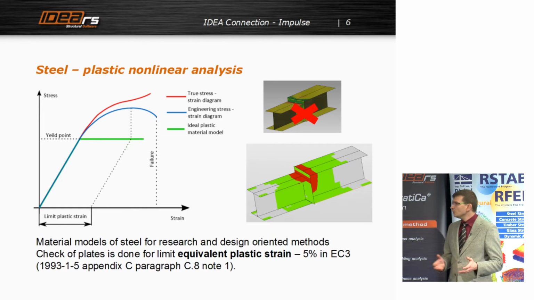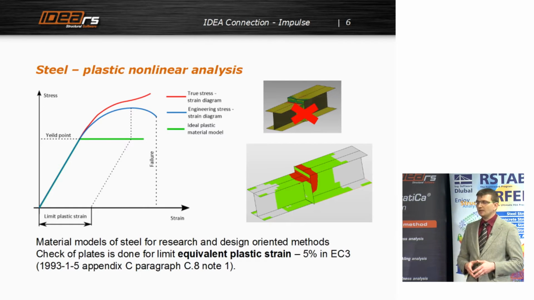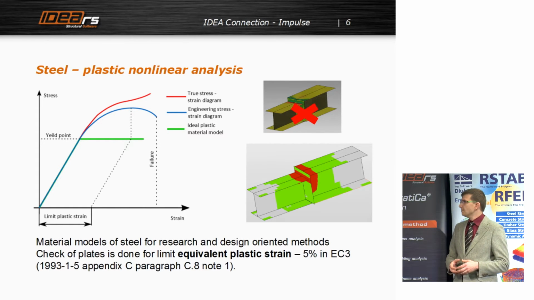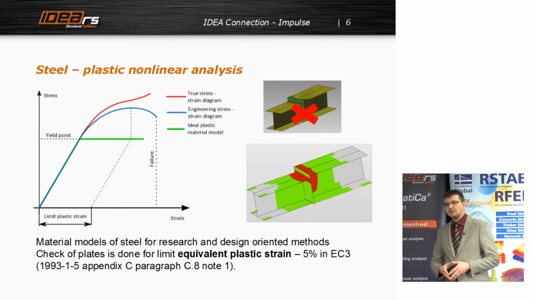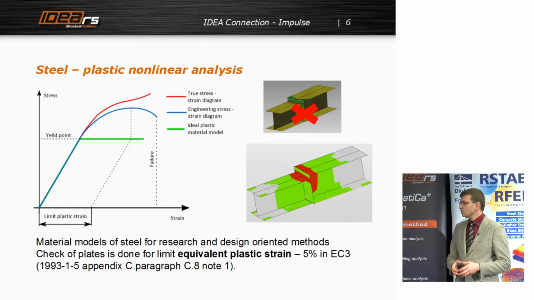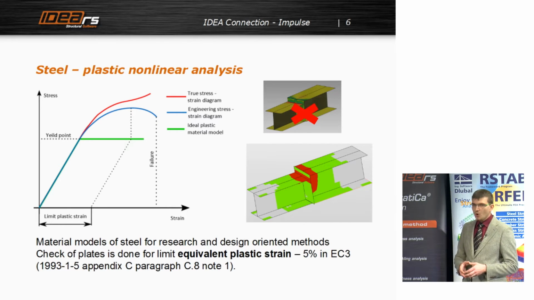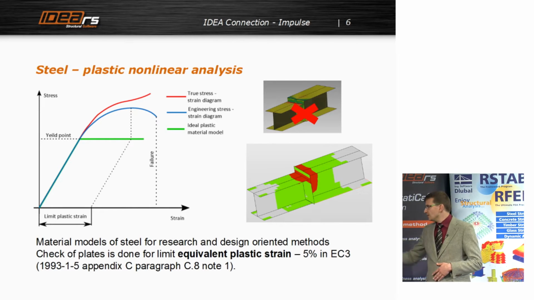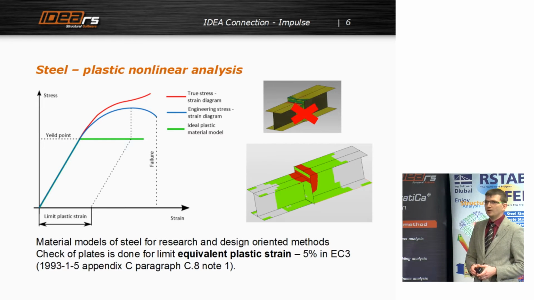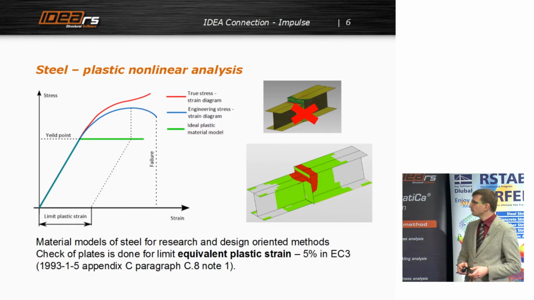So we model joints and analyze them with this nonlinear analysis, and we check all plates in the connections for the limit of the equivalent plastic strain. Eurocode provides us a limit which should be checked, and that's the 5% of allowed plastification in the plates.